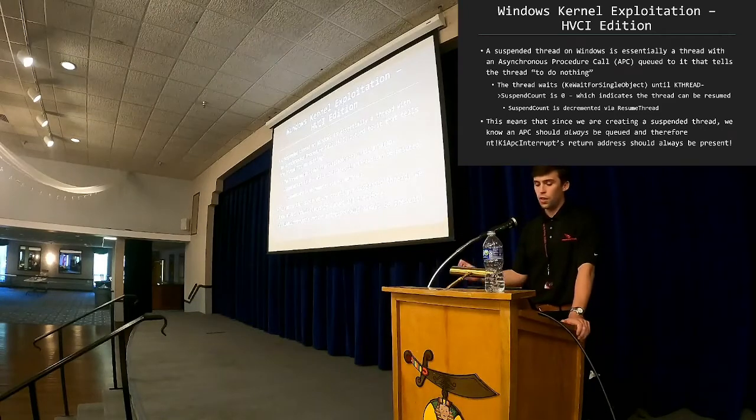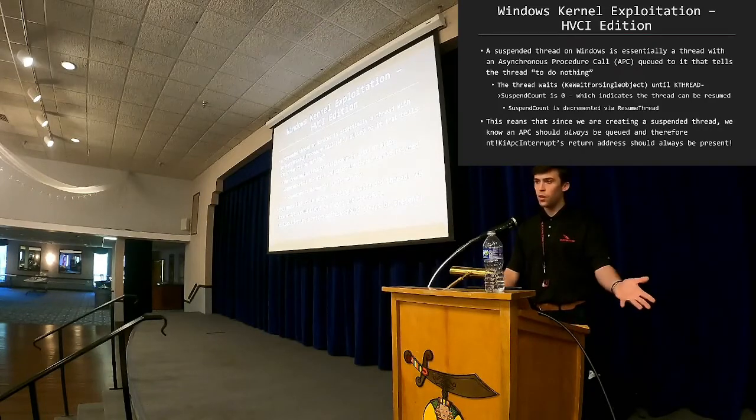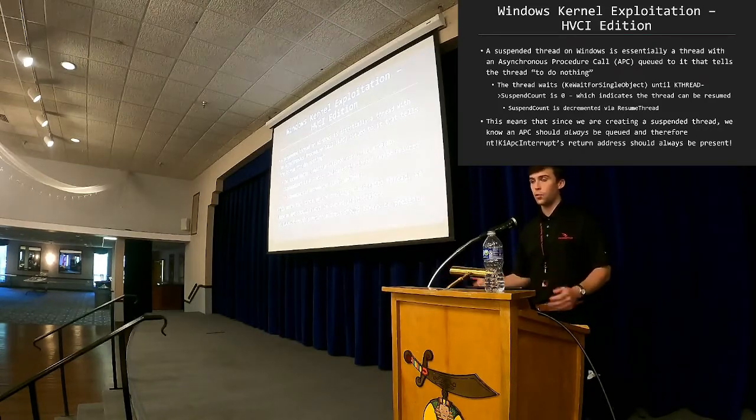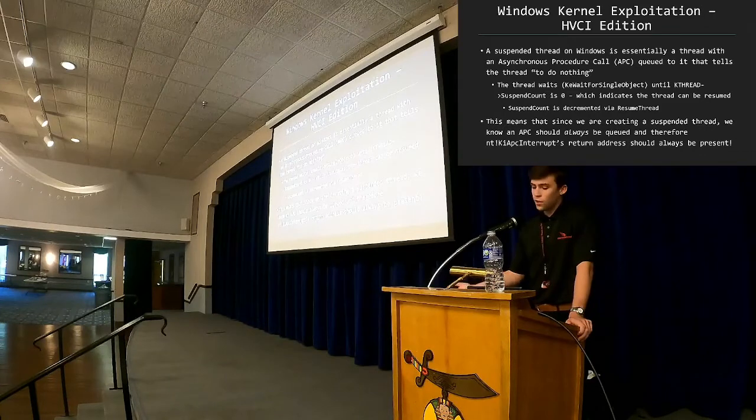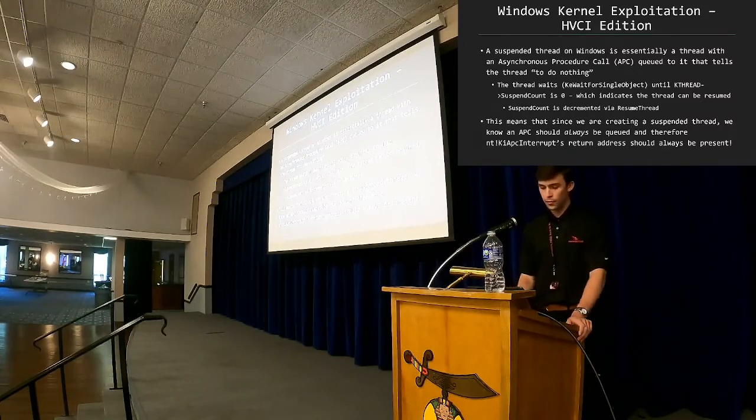So without knowing any of this lower level knowledge, if you create a suspended thread and call resume thread, that should theoretically resume your thread, right? What that's actually doing is incrementing and decrementing the suspend count. And the reason this is important is that when we create a suspended thread, we know an APC should always be queued, and therefore that return address should always be on the stack.